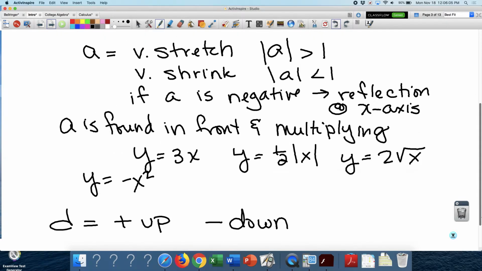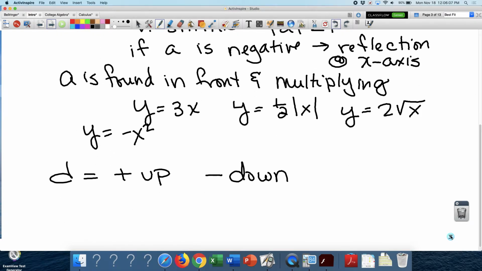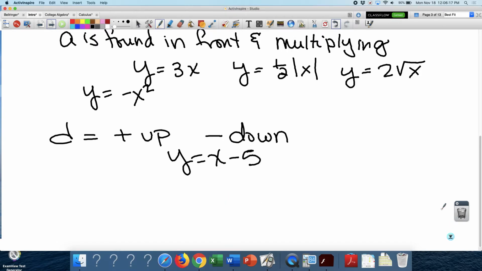Now, let me show you what this might look like. So y equals x minus 5. Is that in any type of grouping symbols? No. So your A is going to be 1. So there's no change on my stretch or shrink, right? You just shift down 5. Okay?